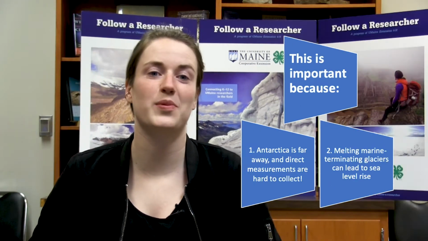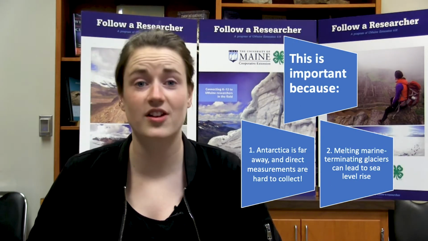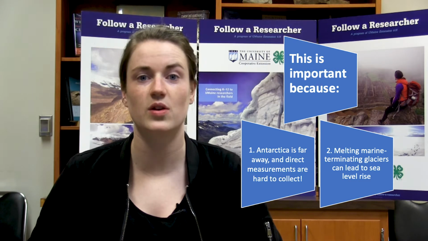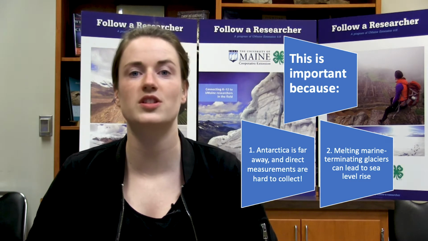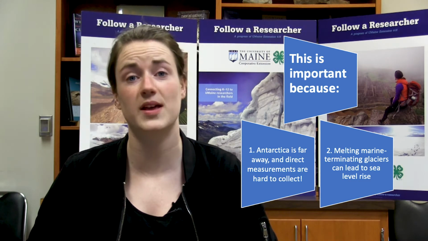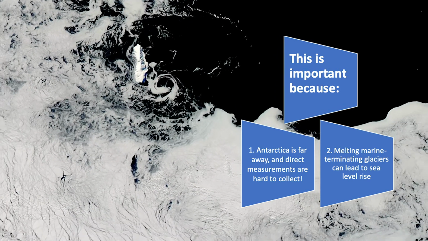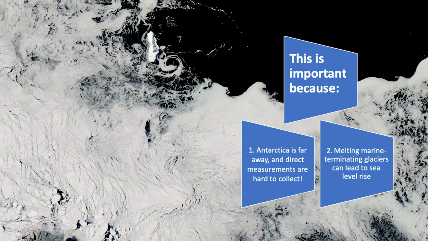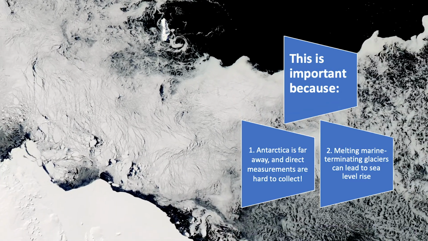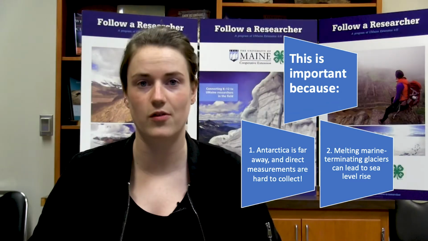This information is important because, one, Antarctica is very far away and hard to get to, so taking direct measurements of ocean temperature and velocity over a large space is really difficult to do. And two, glaciers that flow from on land and into the ocean, called marine terminating glaciers, that melt can lead to rises in sea level.